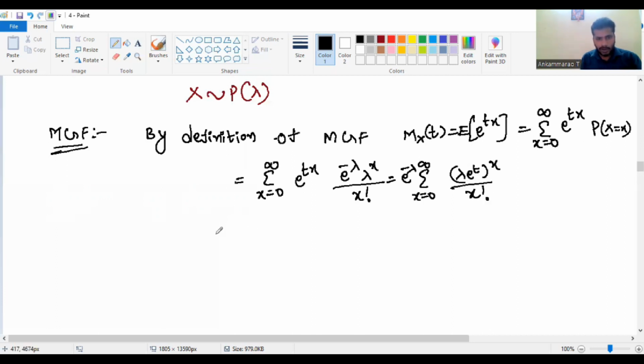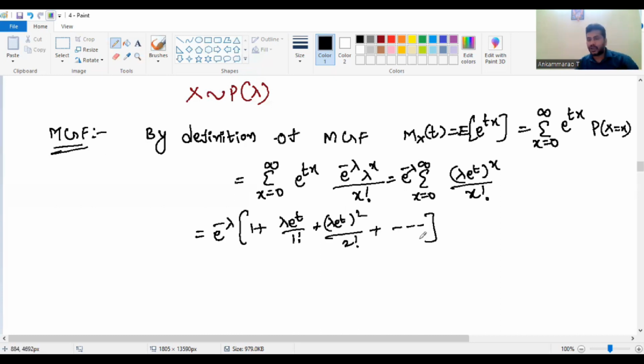Next, e power minus lambda into, substitute x as 0, 1, 2 and so on to infinity. First substitute 0: lambda e power t power 0 by 0 factorial, value 1. Substitute 1: lambda e power t by 1 factorial. Substitute 2: lambda e power t whole square divided by 2 factorial, plus and so on. It looks like 1 plus x by 1 factorial plus x square by 2 factorial plus and so on.